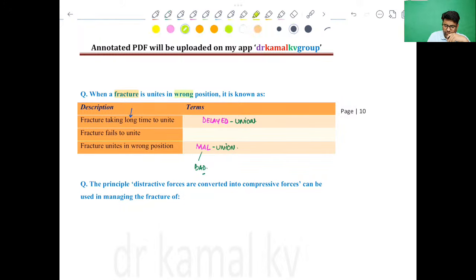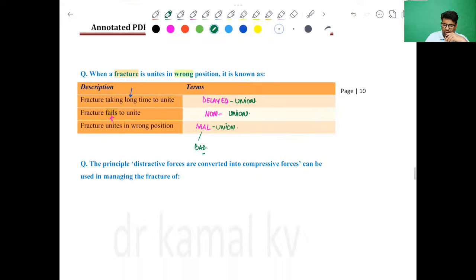Now if it fails to unite, meaning it is not uniting anymore, you will simply write non-union, right? Most of the time the explanation itself speaks for the answer. So taking more time, delayed union; not uniting at all, non-union; united but in wrong position, malunion.